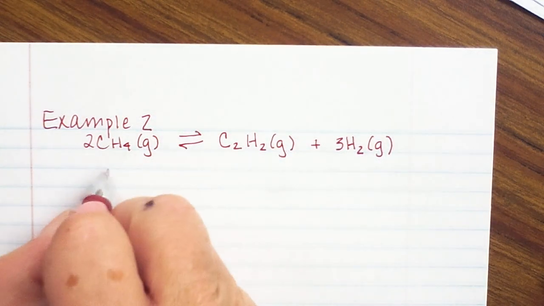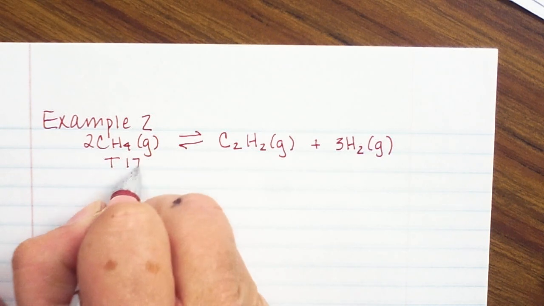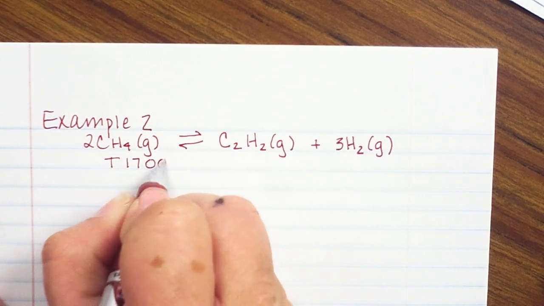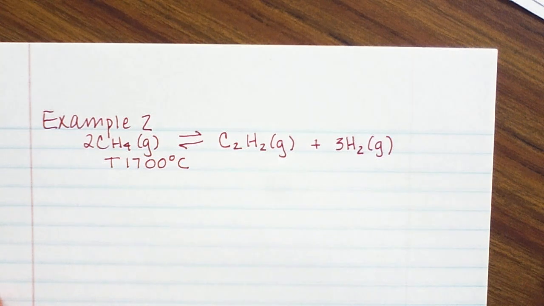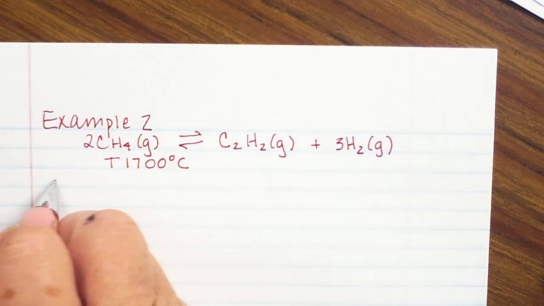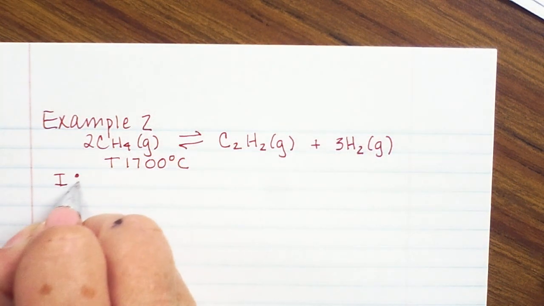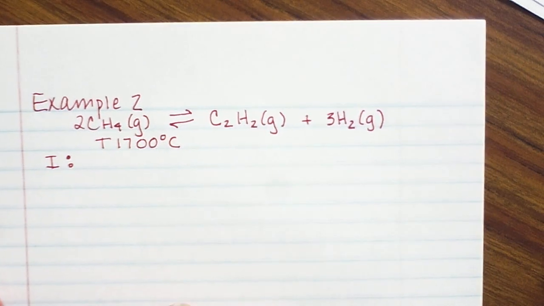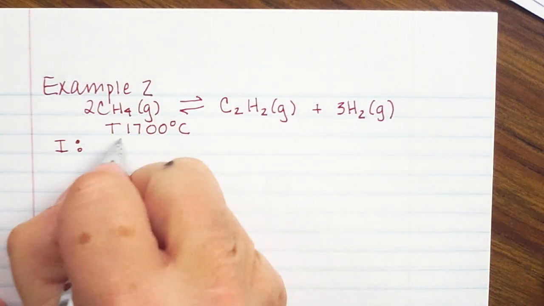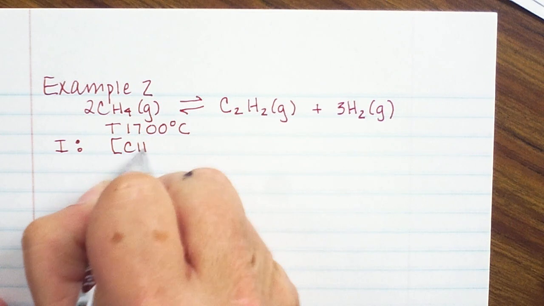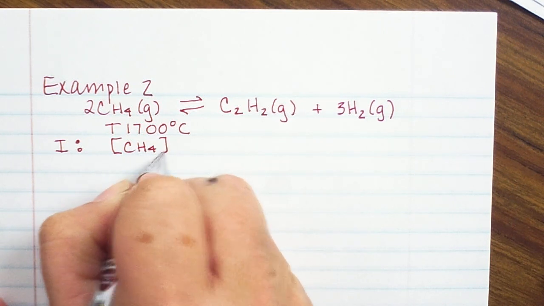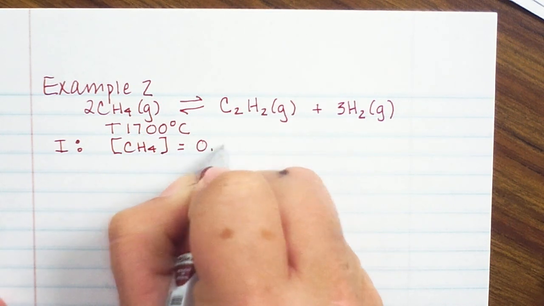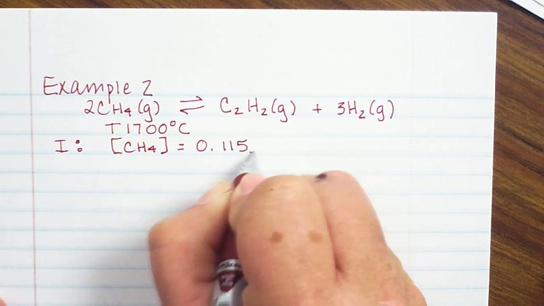The temperature is 1700 degrees Celsius. Initially, your methane concentration equals 0.115 molarity.